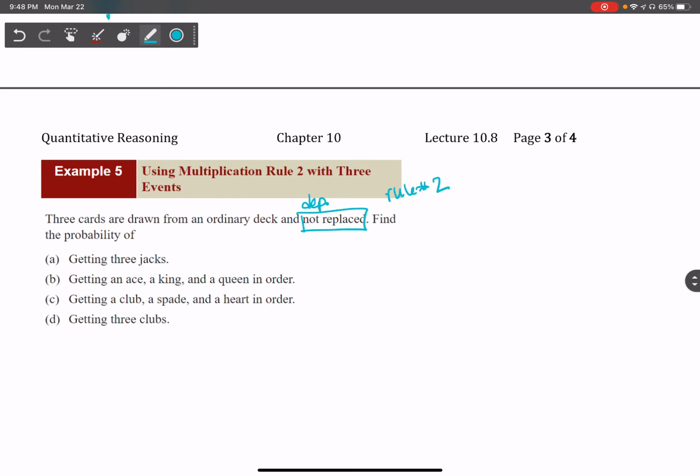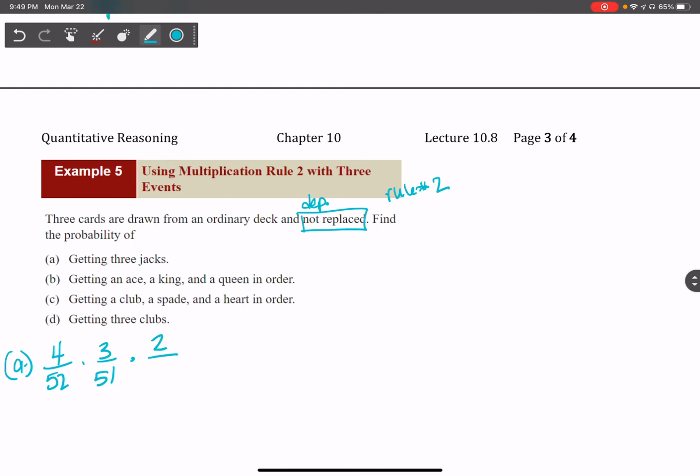Well, 3 jacks. How many jacks do we have in the deck of cards? We have 4 jacks out of 52. So the first time I draw a card, I have the opportunity to pull 4 jacks, right? Next time, I have the opportunity of just 3 out of 51 cards now because it's not being replaced. I'm going to do it one more time.